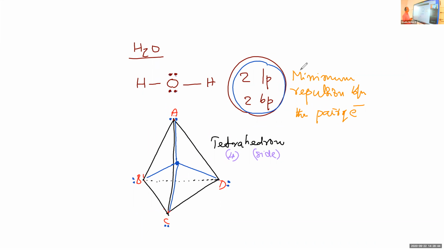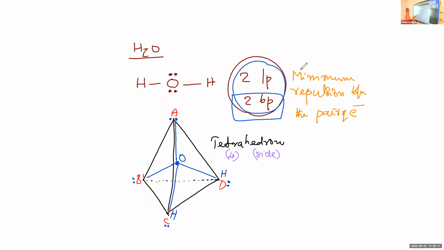Now, out of these 4 electron pairs, 2 are bond pairs. Suppose we have the hydrogen atoms here. There is hydrogen atom 1. So this electron pair corresponds to hydrogen. Here there is oxygen. And here there is another hydrogen atom.